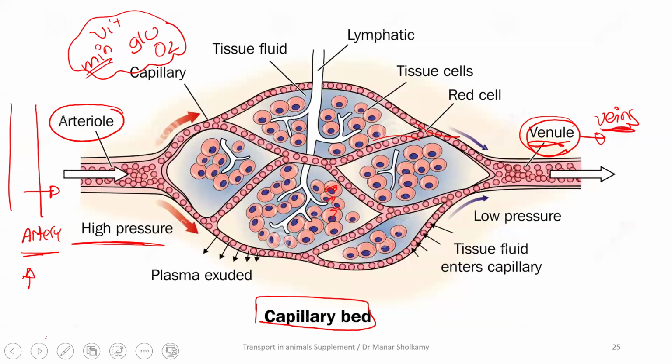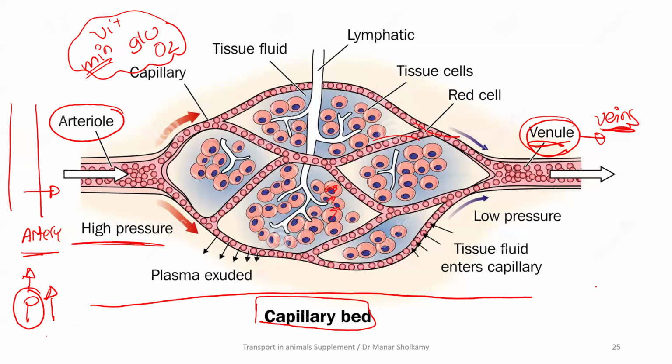Now, the pressure difference, we have very high pressure here. Pressure is very high, and it decreases as we move along the capillary bed. So the pressure is high at the arteries, it decreases a little bit at the arterioles, it decreases at the capillaries, and we have the least pressure where? At the veins, because this is a point of confusion.